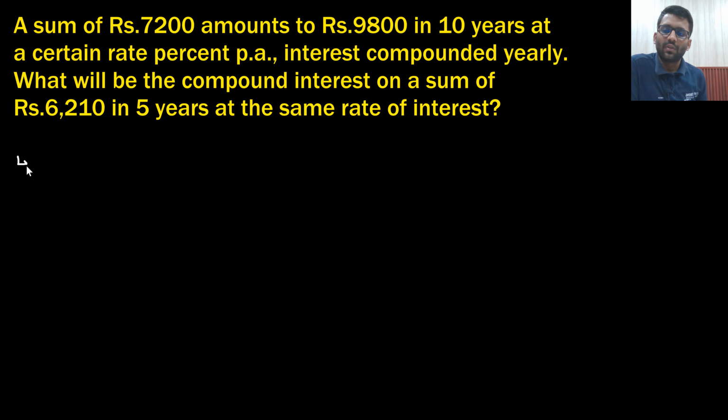A sum of 7,200 rupees amounts to 9,800 rupees in 10 years at a certain rate per annum, interest compounded yearly. That means they are talking about compound interest. What will be the compound interest on a sum of 6,210 in 5 years at the same rate of interest?